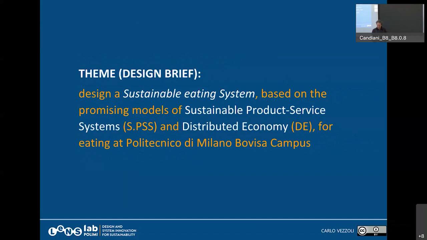You know that the design brief is you're going to design a sustainable eating for the Bovisa campus here, using the promising model of sustainable product service system and distributed economy. This that we have learned, and that while designing you will learn even much better, right?